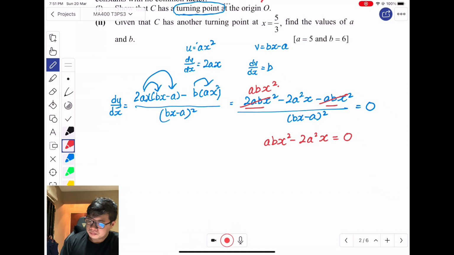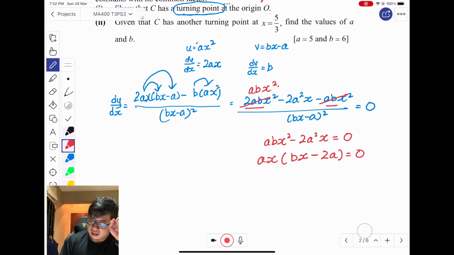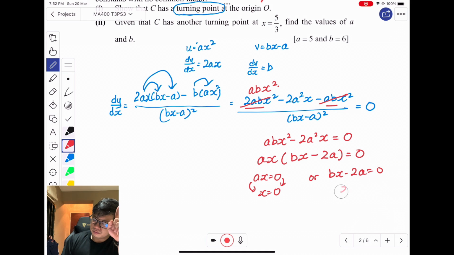So let me factorize out ax, I have ax times bx minus 2a equals 0. So either ax equals 0, meaning x equals 0, or, bx minus 2a equals 0, basically x is 2a over b.